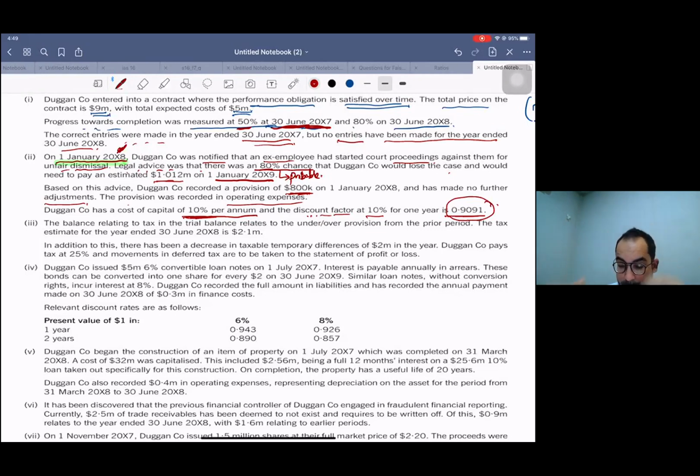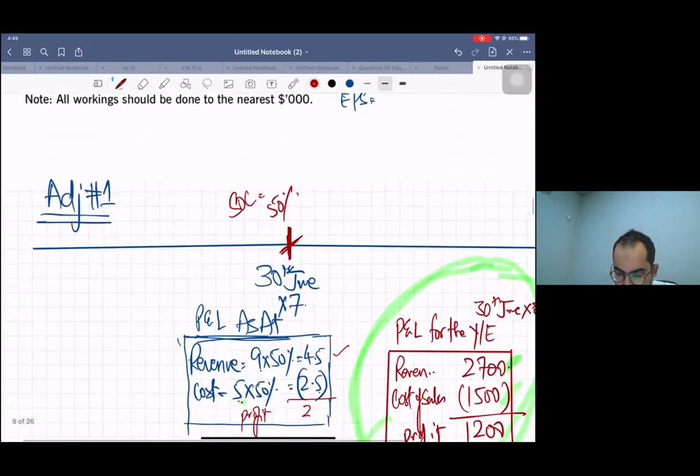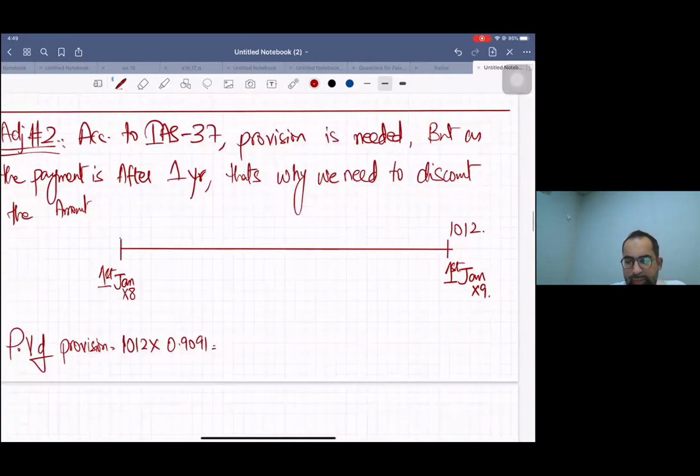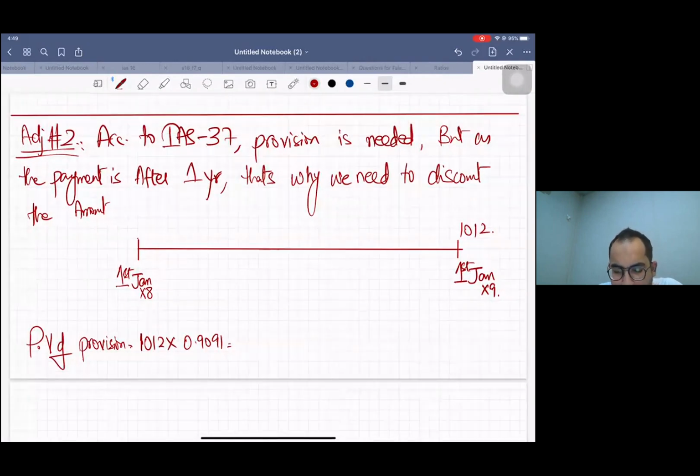Now let's do it. I've just written one or two lines. According to IAS 37, provision is needed, but as the payment is after 1 year, that's why we need to discount the amount. Now, the amount was, my dear student, 1,012.